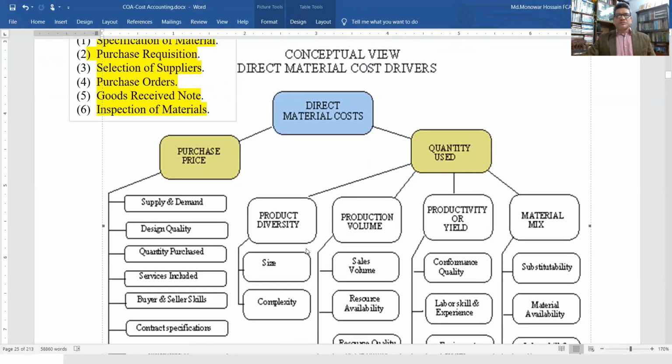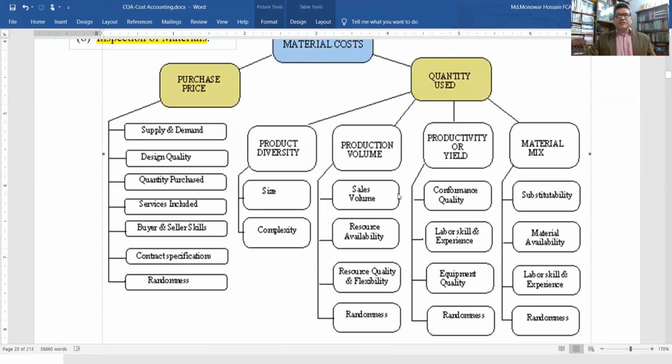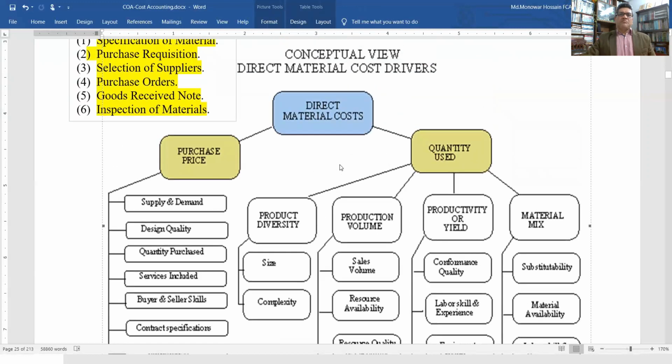And quantity used depends on product diversity, that is size or complexity, production volume, sales volume, resource availability, resource quality and flexibility, randomness, and productivity or yield, conformance quality, labor skill and experience, equipment quality, and material mix, that is substitutability, material availability, labor skill and experience, etc. So these are the material cost drivers.